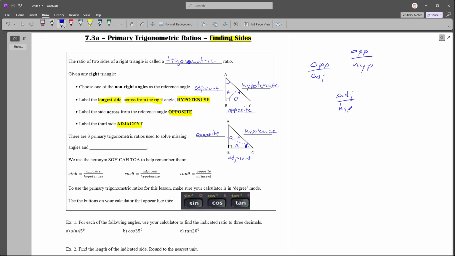Now, remember, when I say solve our triangle, I mean find all of the missing angles and find all of the missing side lengths. So all the angles and all of the sides. Now, as I said, there are 3 core primary trigonometric ratios, 3 of them.